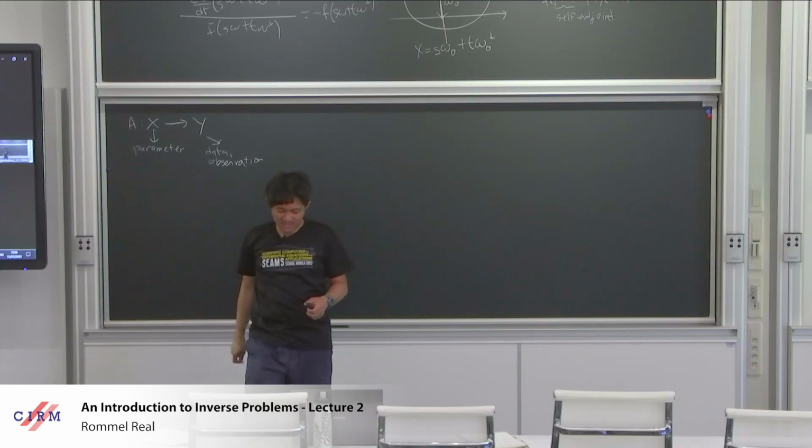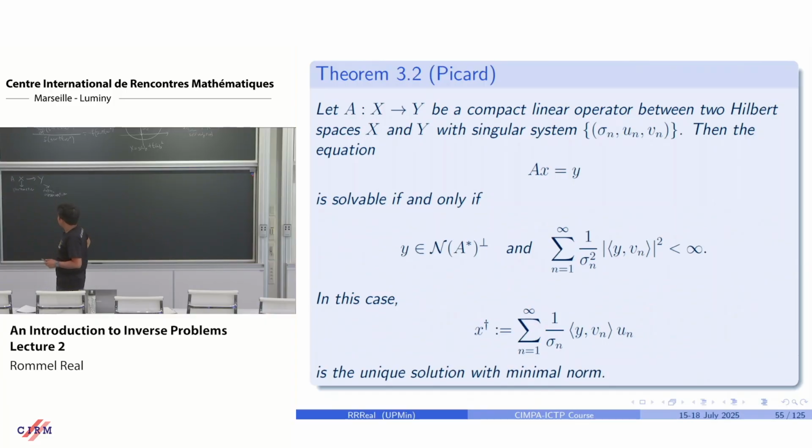Okay, so again, that means it's well-posed if for every element y in our data space, the equation has a solution x, and the equation has a unique solution. And more importantly, the solution depends continuously on the data.